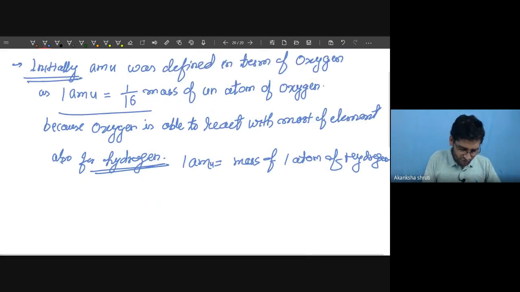But now, finally, if you have to define the AMU, then you have to write this.